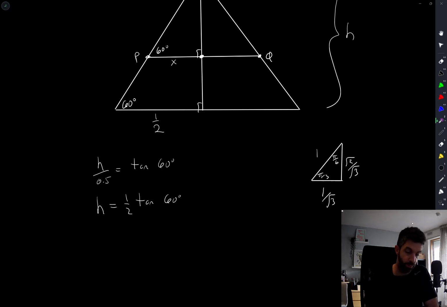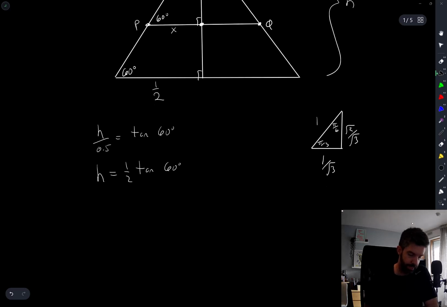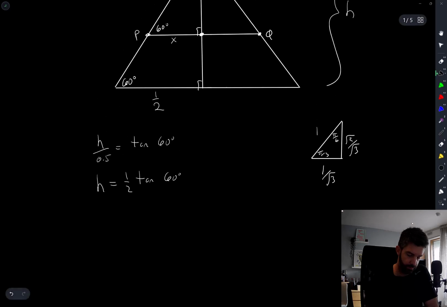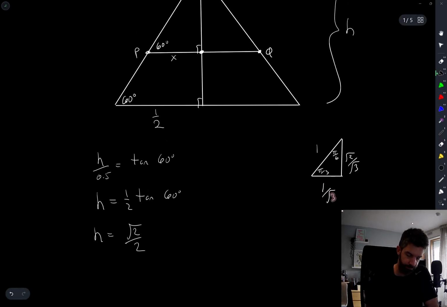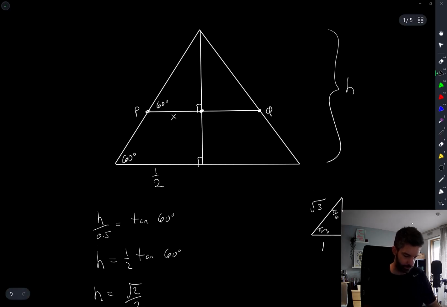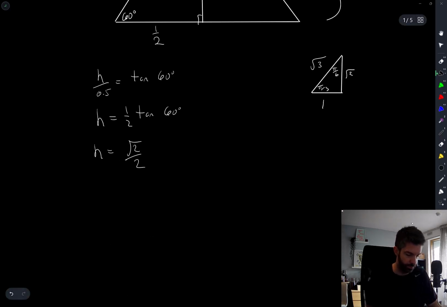Sine of pi over 2 is 1. Okay. So tan of 60 degrees is root 2. Okay, so h is 1 over root 2.